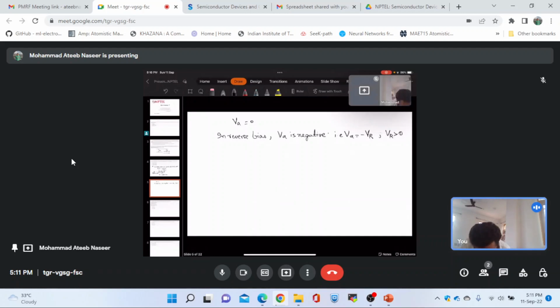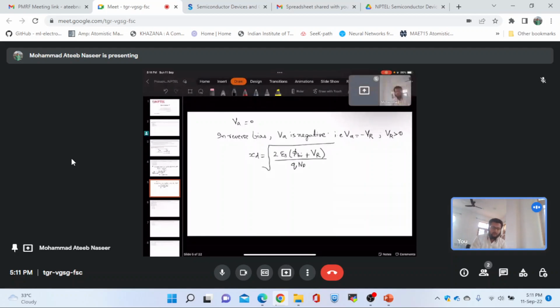So it will imply in this equation that we get Xd equal to the square root of 2 epsilon s times phi bi, where phi bi is the built-in potential, plus Vr, divided by q times Nd.